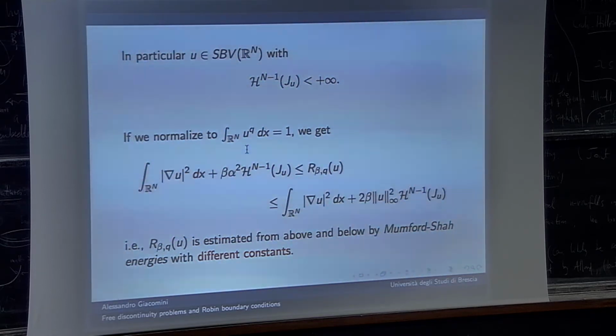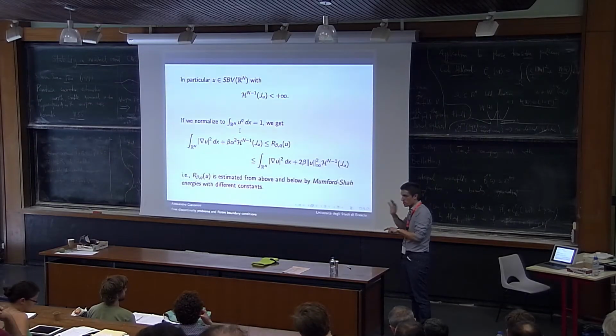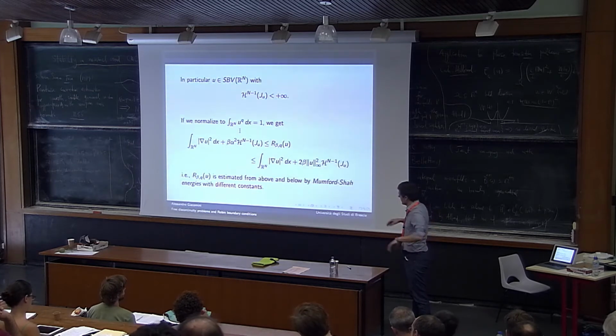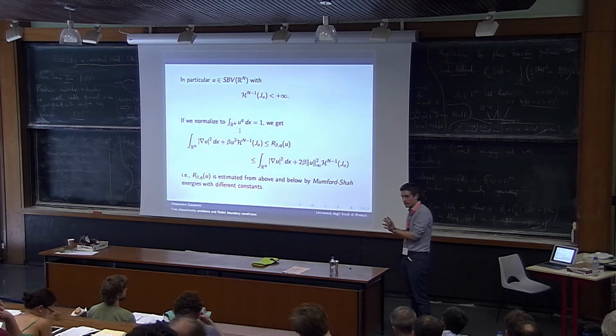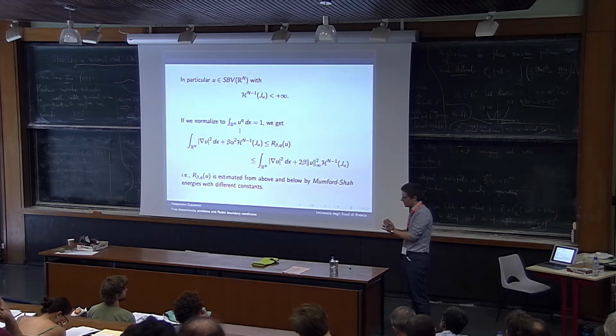So it's a dependence on the trace, but the fact that the sum is involved is crucial to get this inequality. And this inequality is not just a numerical inequality that we check. It's also a kind of inequality which is stable, in the sense that we can recover some minimality properties involving these two Mumford-Shah functionals for the minimizer u.